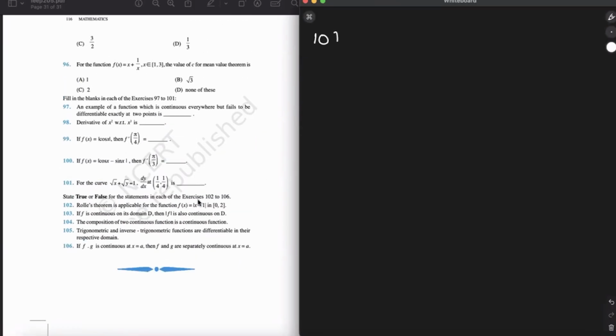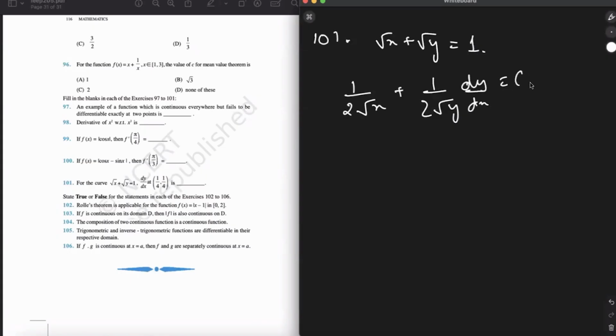Okay, so there are 106 questions only. So 101. The curve that has been given to us is √x + √y = 1. And what do we have to do? We have to find dy/dx at (1/4, 1/4). Nothing, I'll just differentiate it. On differentiating with respect to x, I'll be left with 1/(2√x) + 1/(2√y) dy/dx = 0.